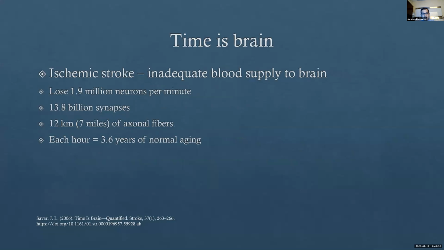They talk about the axon, the long fibers that connect the brain to wherever it's going, let's say all the way down to the muscles in the toe. It's just one huge fiber. So we're talking about 7 miles of destruction, and each hour that the stroke persists can be 3 years of aging. So when we talk about time is brain, this is what we mean.